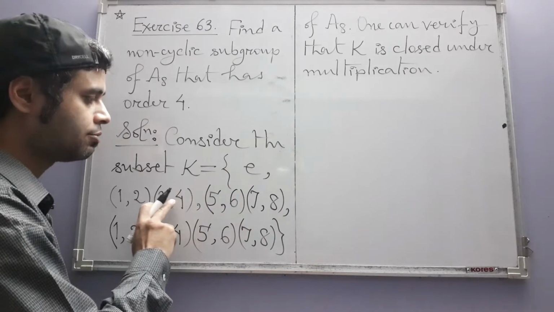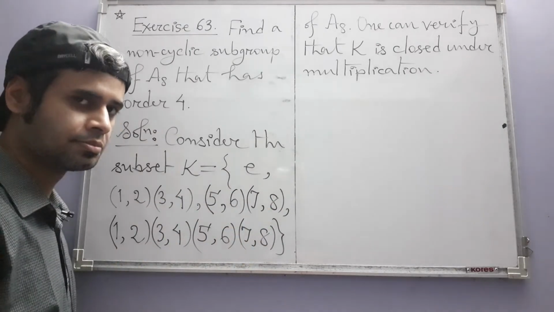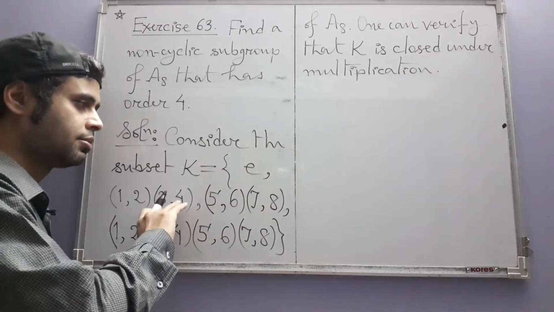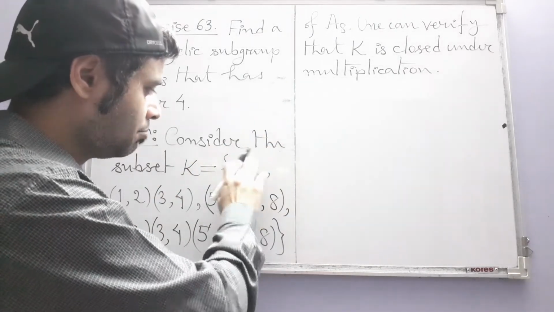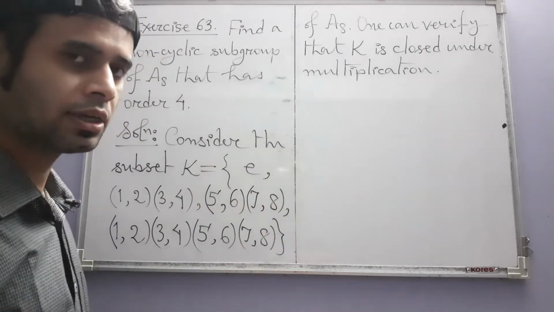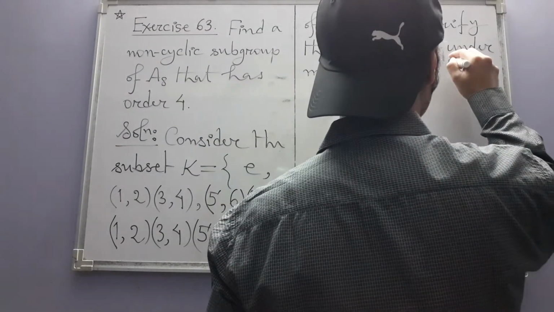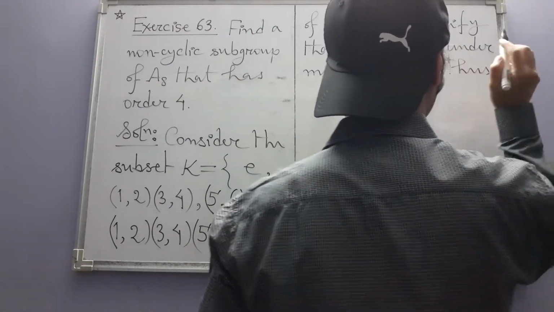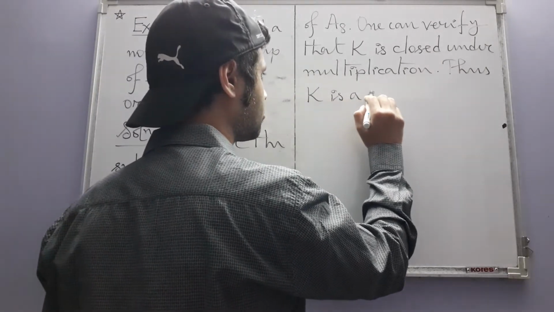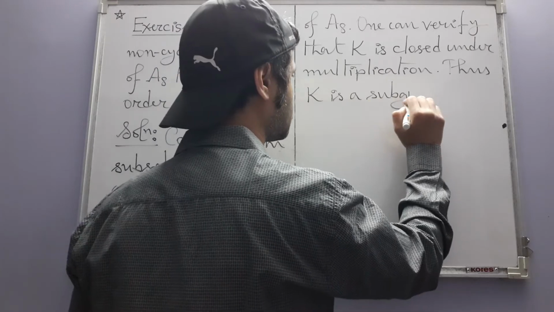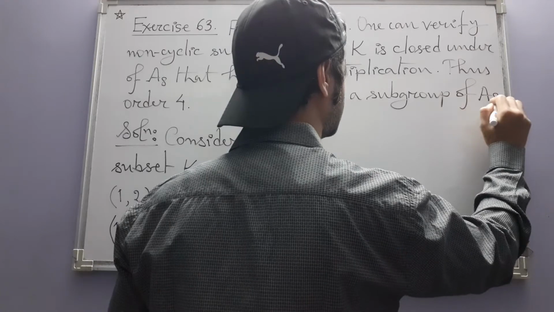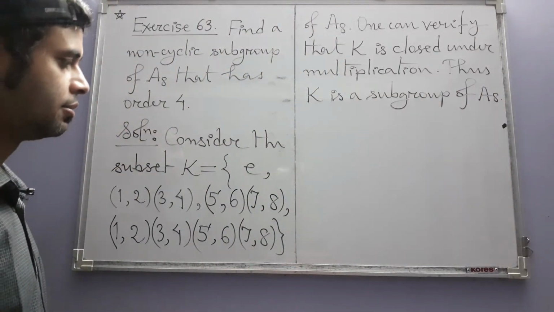You don't need to verify that inverses also exist in K. Just finiteness and being closed under the product is enough for K to be a subgroup of A8. Thus, K is a subgroup of A8.